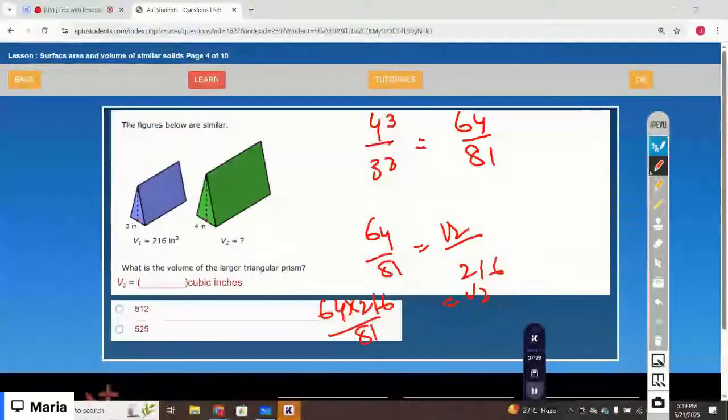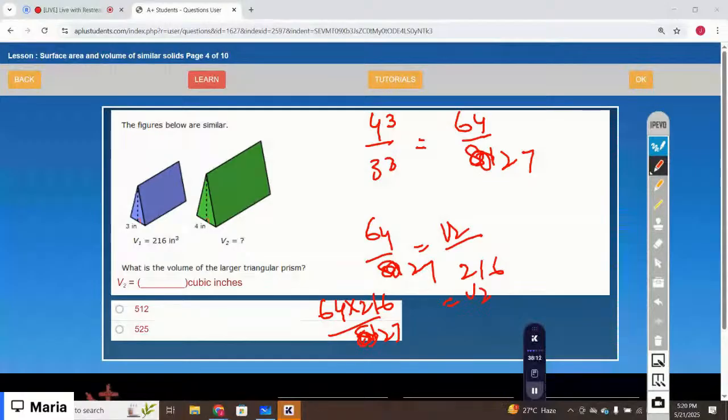Hold on, 3 times 3 times 3 is 27, not 81. Here we have 27. So 64 over 27 equals V2 over 216, so V2 equals 64 times 216 divided by 27. That is 512.